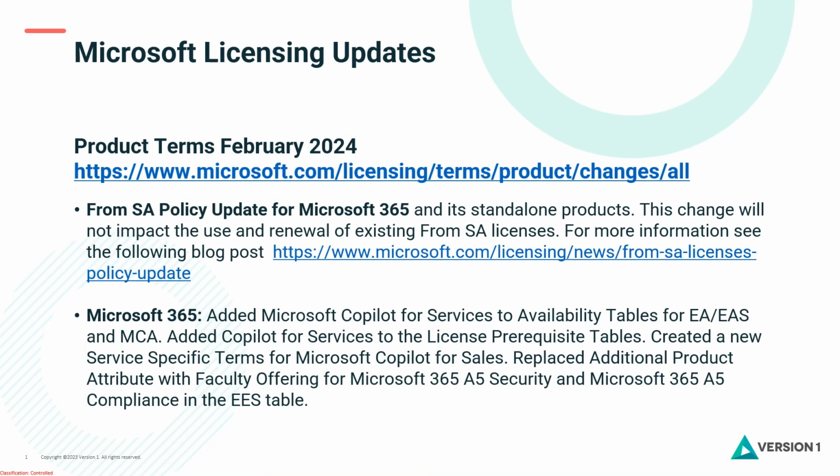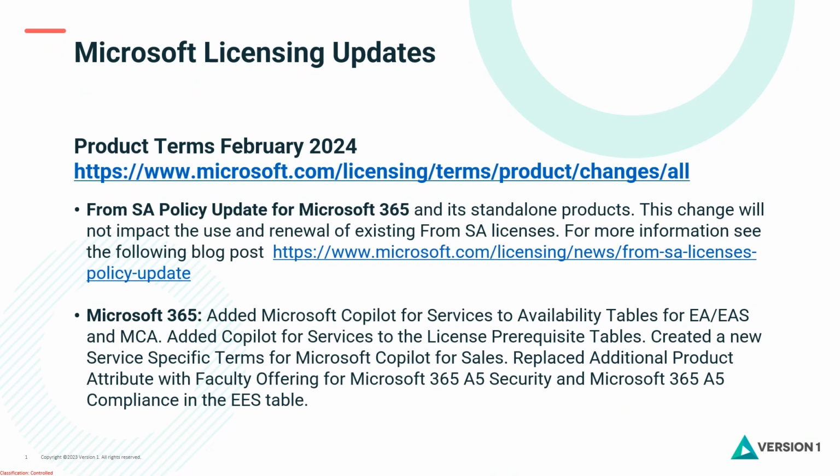We also see a license prerequisites table being added in there for Copilot for Services. So you've got to have a Microsoft 365 Business Standard, Business Premium, E3 or E5, or Office 365 E3 or E5, obviously, to be able to have the rights to purchase and use a Microsoft Copilot for Services license.